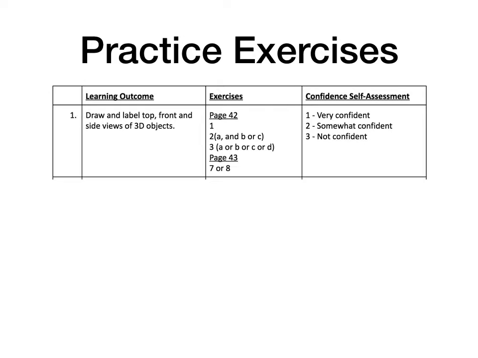So you are required to do question number 1, and then question number 2 you have to do A, and then you can choose to do either B or C. The choice is yours. And then question number 3, you can choose to do either A or B or C or D, so just one of those. And then on page 43 you can choose to do either question 7 or question 8.